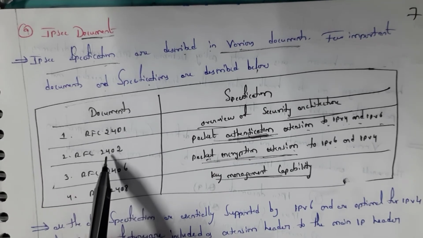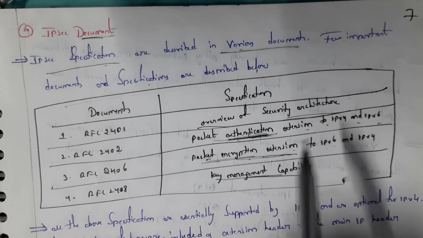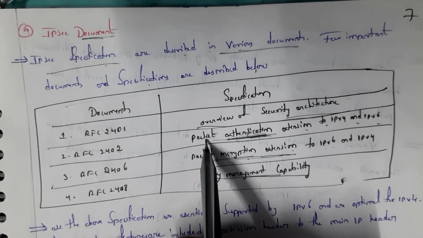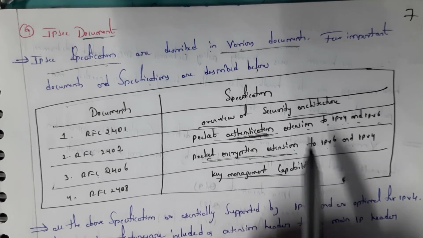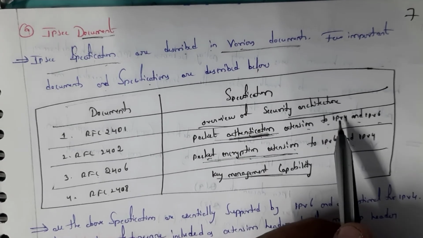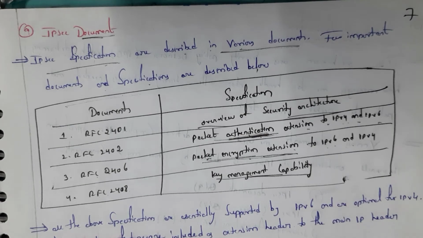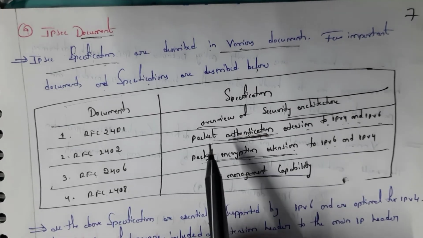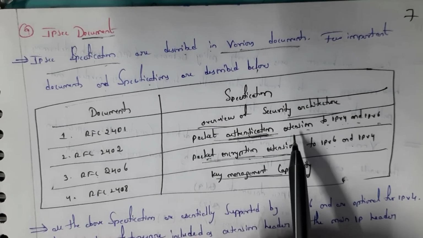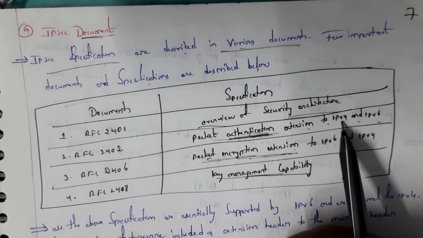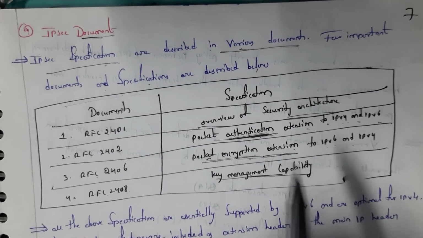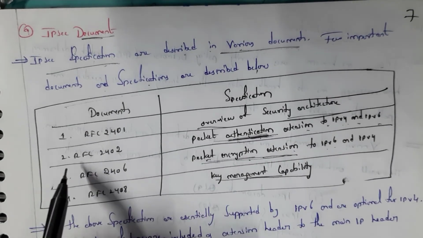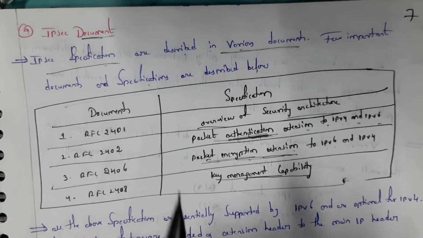Next one, RFC 2402. This RFC 2402 contains the packet authentication extension for IPv6 and IPv4. These packet authentication extensions are included in IPv4 and IPv6, and all these details are contained in the RFC 2402 document.